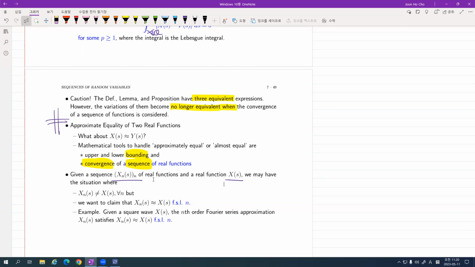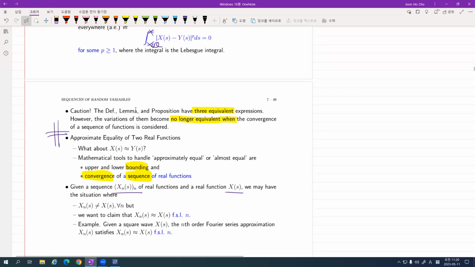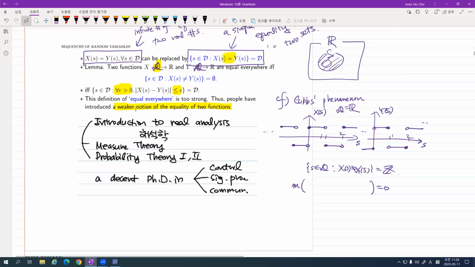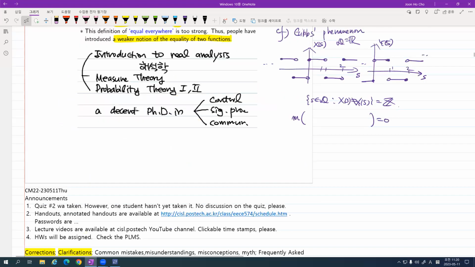There were topics called Fourier series analysis, and one of the typical examples was the square wave like this. So here we have a square wave that is discontinuous.